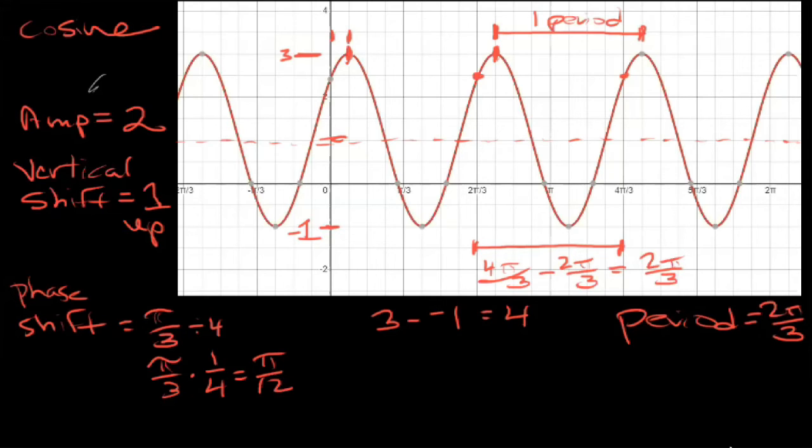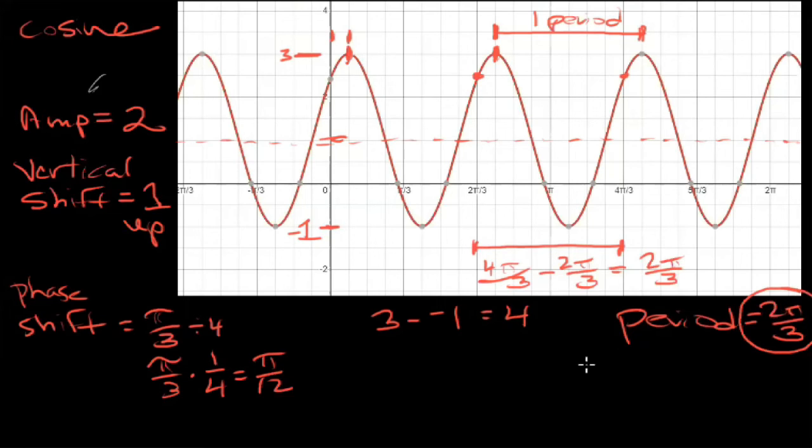So I'm almost to the point of writing an equation. I have one more step to do though, because I can't write an equation directly from this information that I have, because one of the numbers in the equation is not the period. It is a period adjustment. And so if I look at this, what has happened to the period?